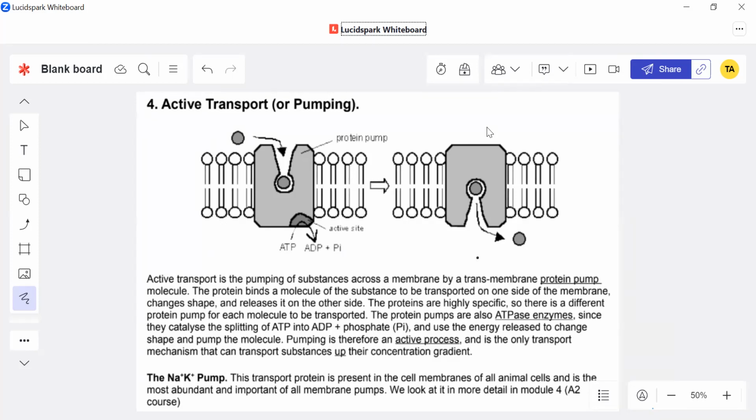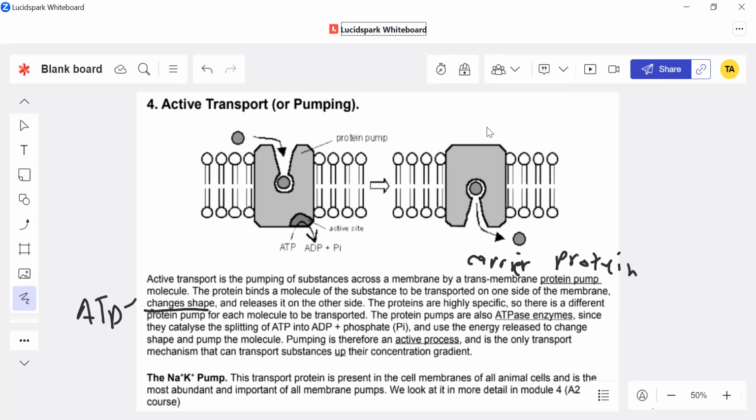This is called the carrier protein. And the main difference in active transport is that the protein binds a molecule of the substance to be transported on one side of the membrane. So the protein changes shape. Because it changes shape, this will require ATP or energy.